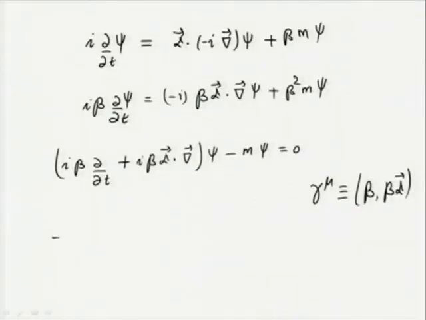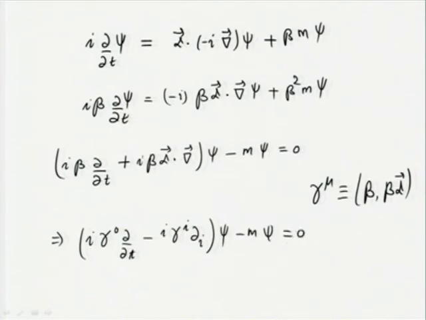In this notation, now I can write the Dirac equation as i gamma 0 dou by dou t minus i gamma i dou i acting on psi minus m psi equal to 0.